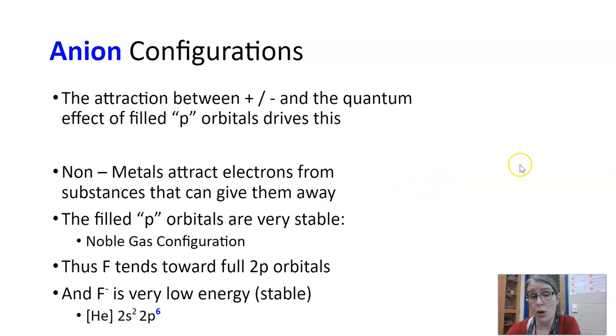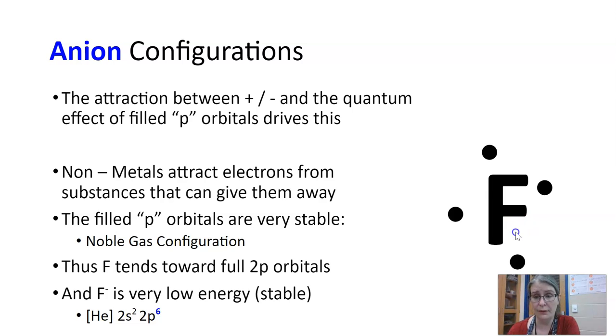So in order to draw that, in this case, I would have 2s2, 2p6, isoelectronic, the same electrons as neon. That means I have 8 valence electrons on the F minus ion. So I would draw my F, and I'd go 1, 2, 3, 4, 5, 6, 7. That's fluorine.